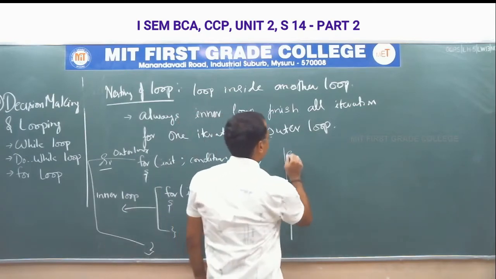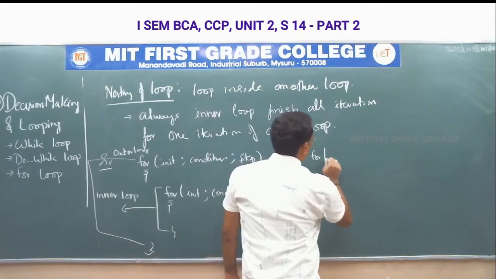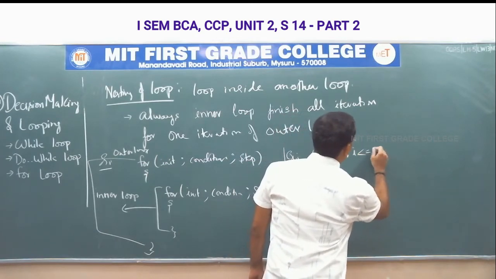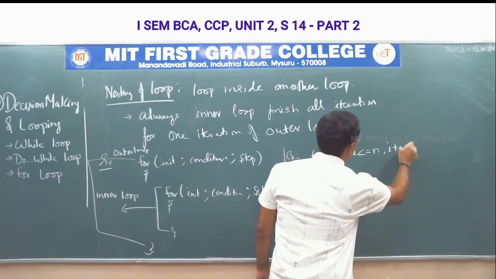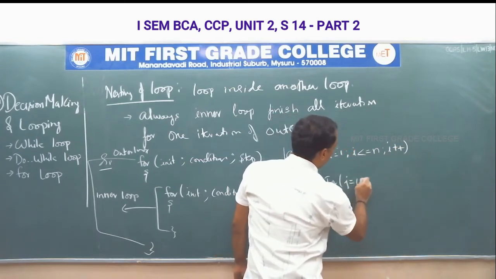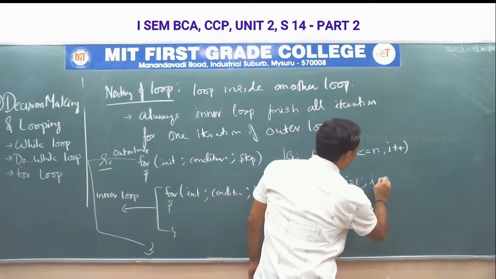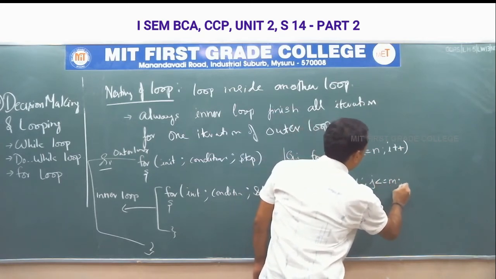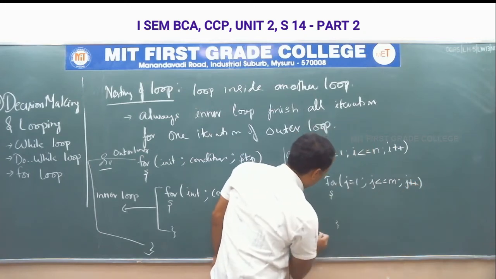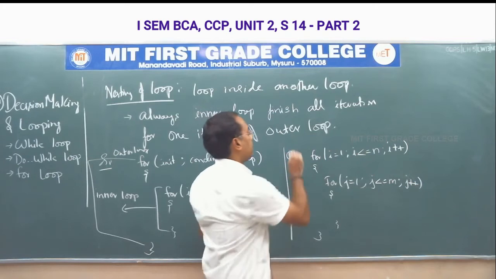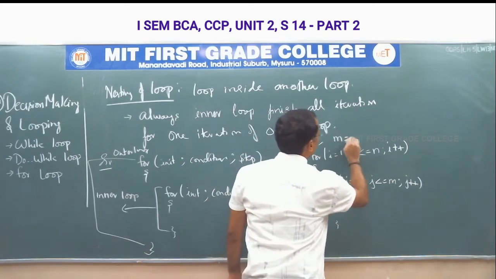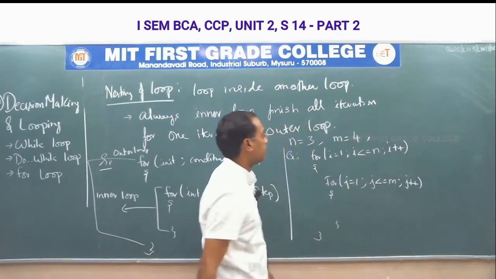Take for example, for i is equal to 1, i less than or equal to n, i plus plus. For j is equal to 1, j less than or equal to m, j plus plus. Assume that n has the value 3 and m has the value 4.